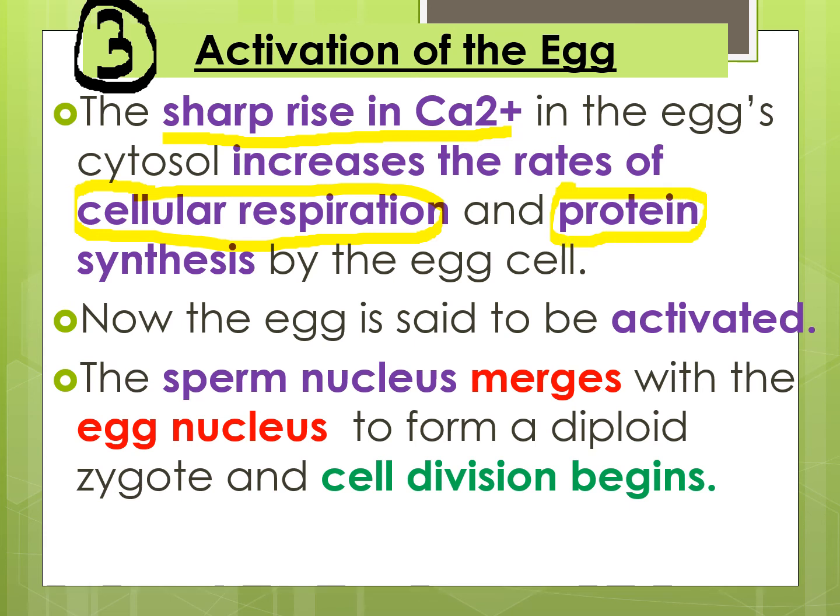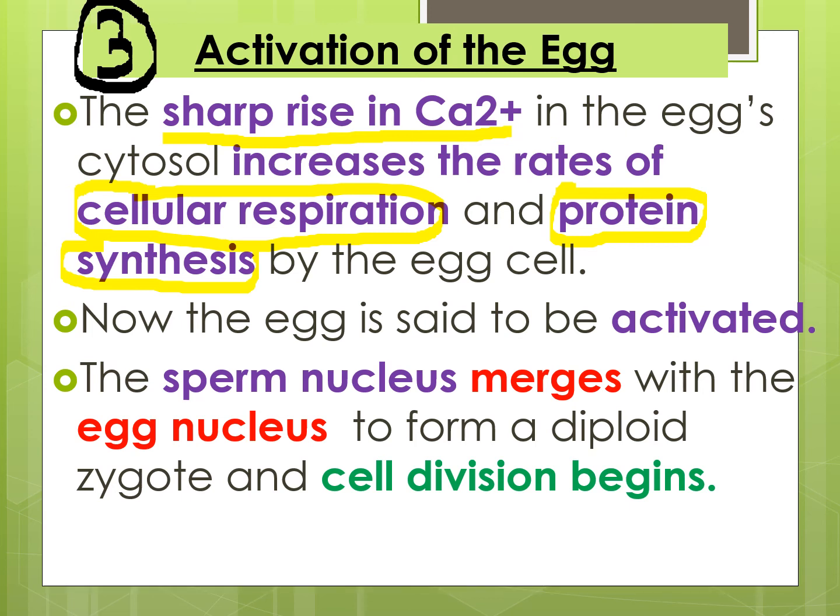We need energy in order to go from being a zygote to being an embryo, and that is why cellular respiration is necessary. And protein synthesis is also necessary because now we need to start producing proteins.